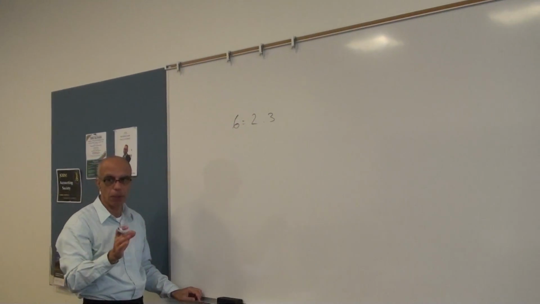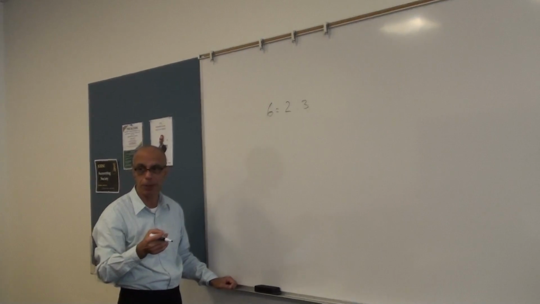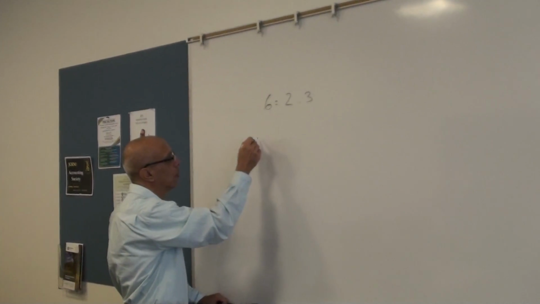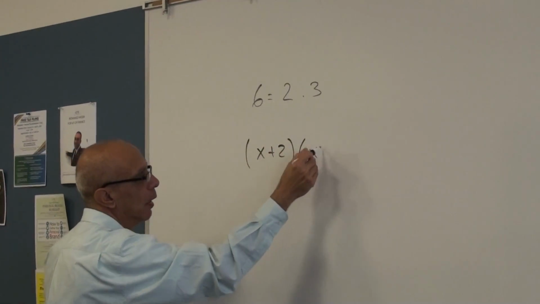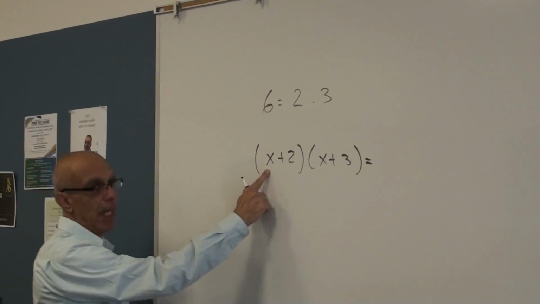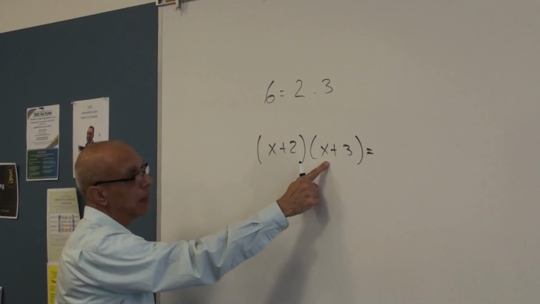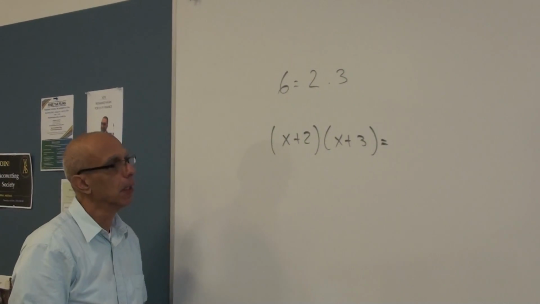So let's start. We already studied product of polynomials, right? So let's just look at this situation here. If I have x plus 2 and then x plus 3, okay? So we have x here and x here. I have number 2 and number 3, okay?